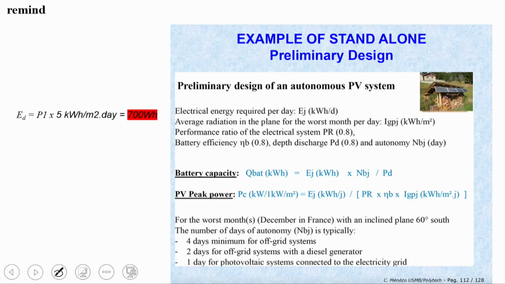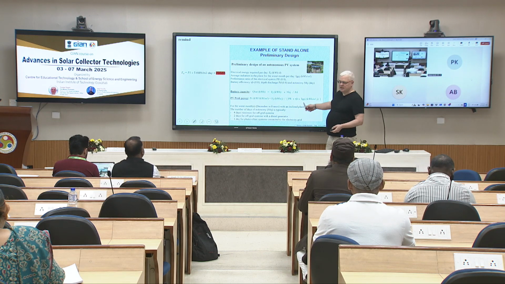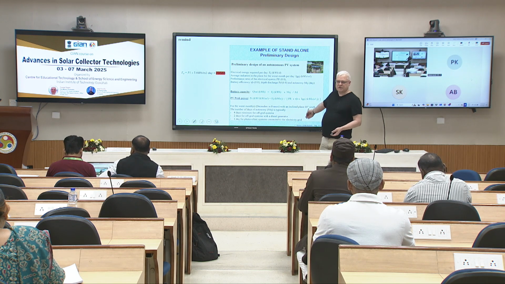If you remind what we have seen in my day one lecture, page 112, there was a small design of an autonomous installation, and for the peak power of the global PV central, we said that it is equal to the energy needs divided by the performance ratio, the efficiency of the battery and of conversion to the battery, and the mean solar radiation per month.